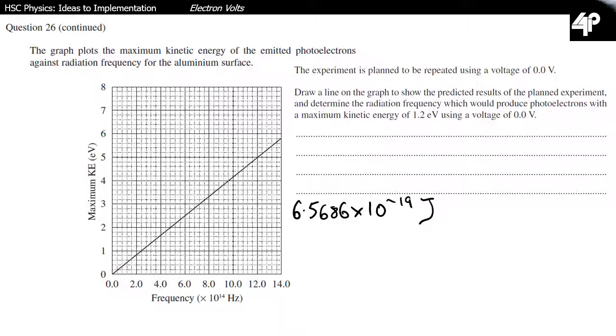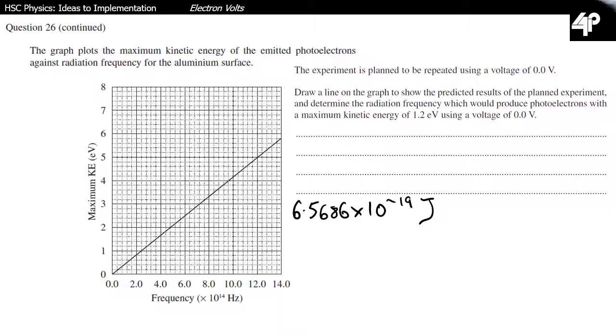That there is the work function, because that was the energy for each electron that corresponded to 4.1 volts. Okay, so we need to now determine what the threshold frequency is.